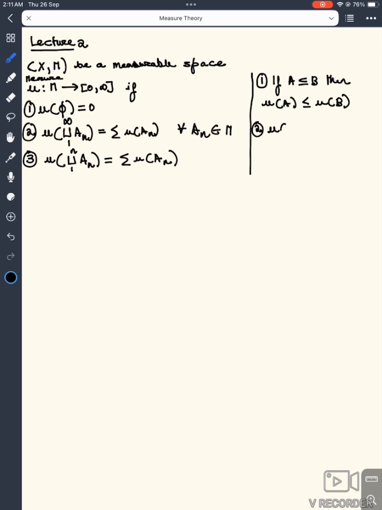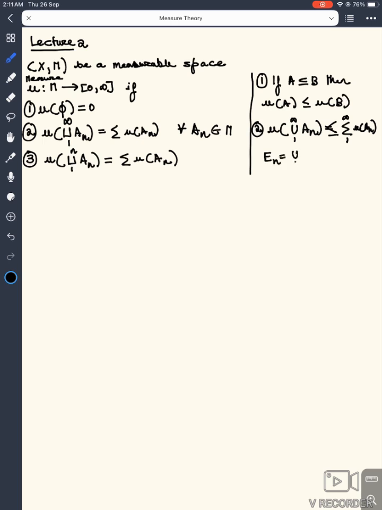This is called monotonicity. And second, this is called countable subadditivity. If we drop the disjointness, then mu of a countable union of A_n is not equal, but we get less than or equal to the summation from 1 to infinity of mu of A_n. And to obtain this, we use something called the standard disjointification technique.